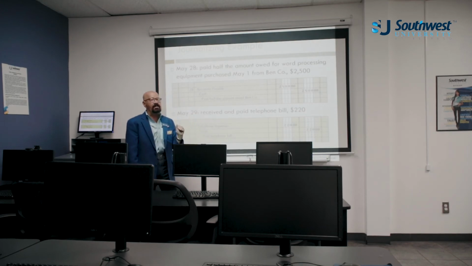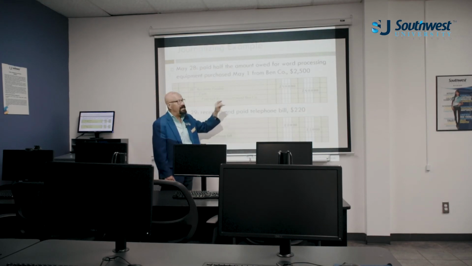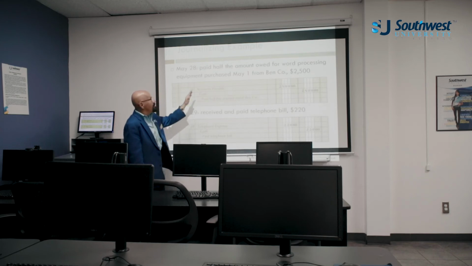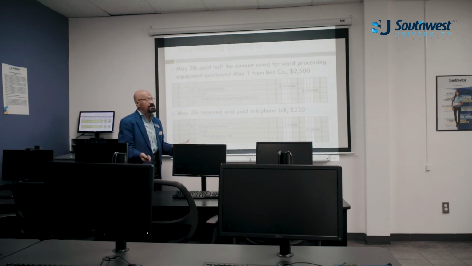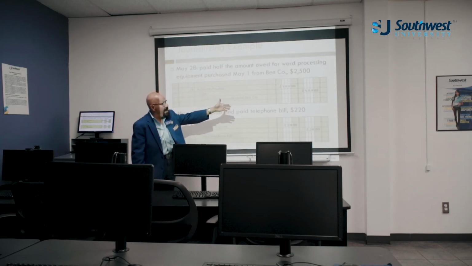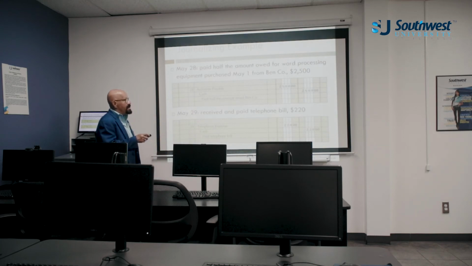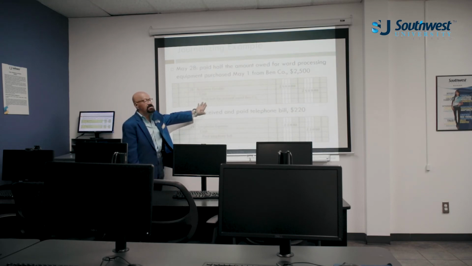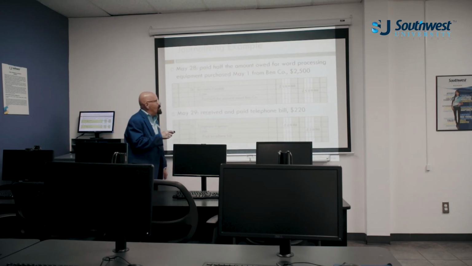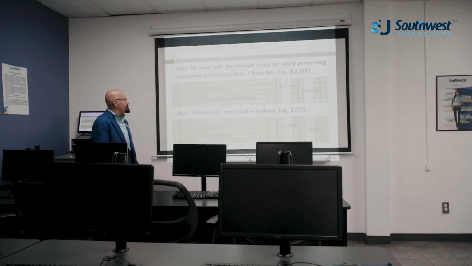How do we make a liability go down? We debit. And then, of course, Ben Company is going to want cash. So cash goes down $2,500. Cash is an asset. How do we make an asset go down? We credit. Do we balance? Yes. Right accounts? Yes. And then we put a little explanation. Paid half the amount owed Ben Company.